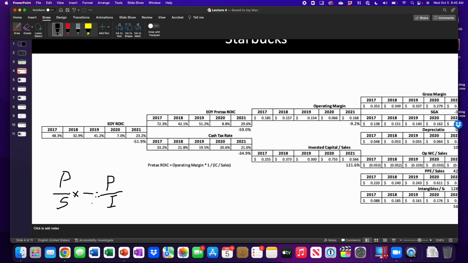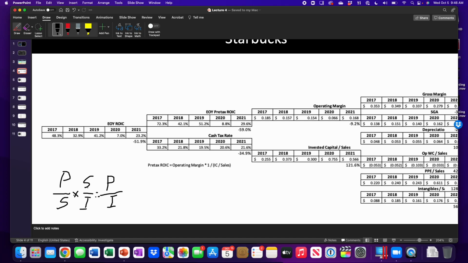Does anyone remember algebra? P over S times what over what equals P over I? S over I. Thank you. S over I. Okay. Glad somebody remembered their algebra. I barely do. Because the S's will cancel out.